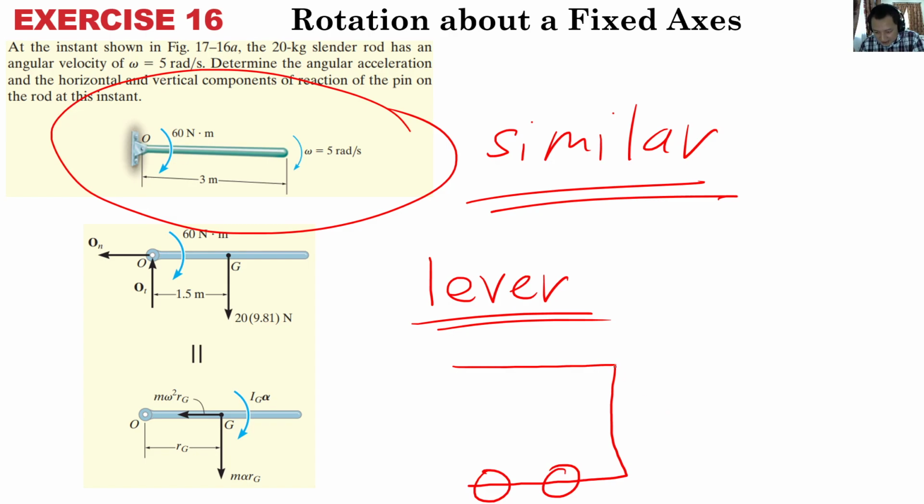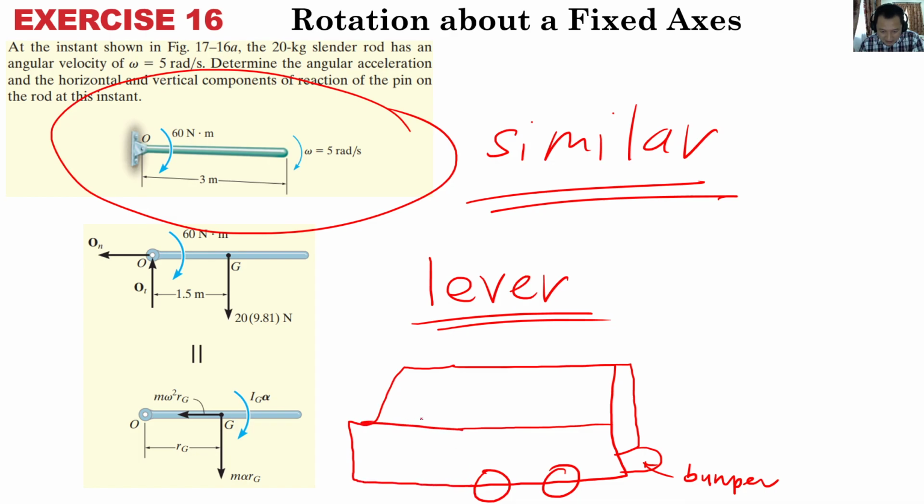MPV has this thing called tailgate. What a bad drawing. This is the tailgate. Okay, this is the bumper. This is the MPV. Like that. This is a wheel here. This is the front door. This is the sliding door.